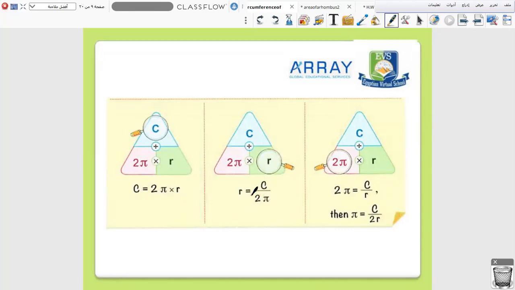Or pi is circumference over 2 times the radius length. So pi is circumference over d, or pi equals circumference over 2r. It's the same because d equals twice the radius length.